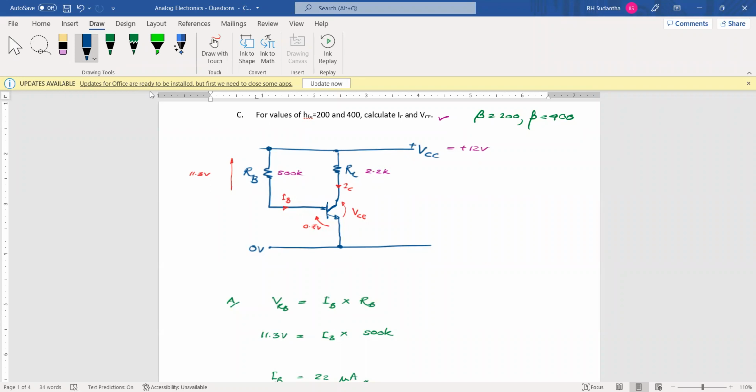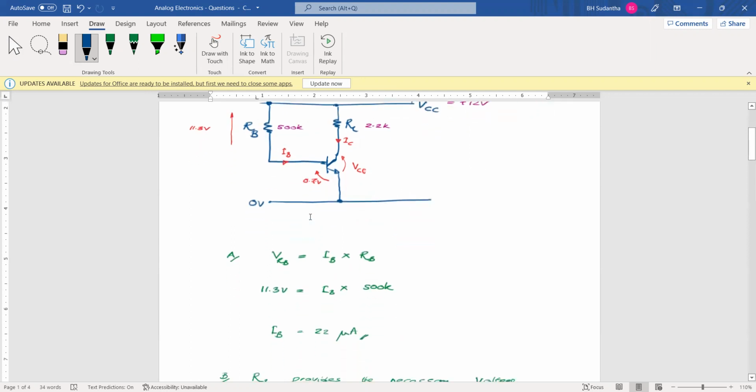This RB takes positive voltage from this 12 volts power supply and reduces the voltage across the resistor, and it provides the controlled current to the base terminal in order to have 0.7 volts across the base emitter junction. Without having RB, we cannot turn on the transistor safely.